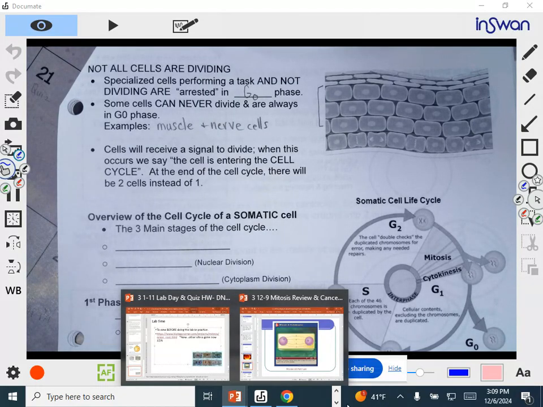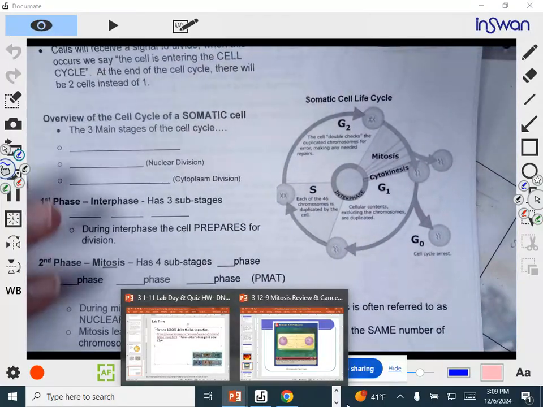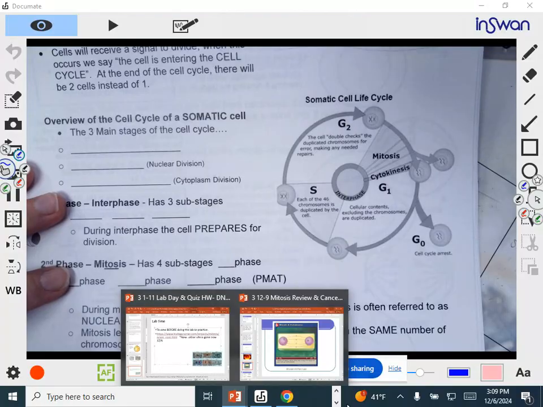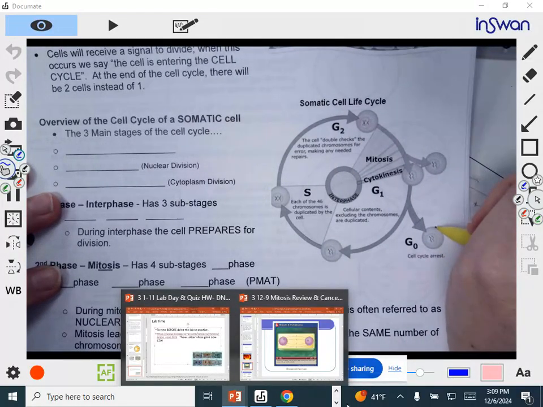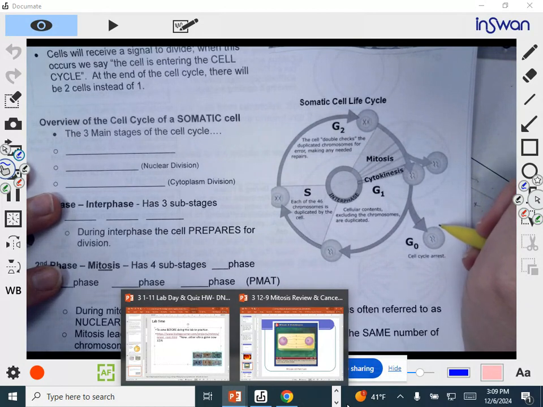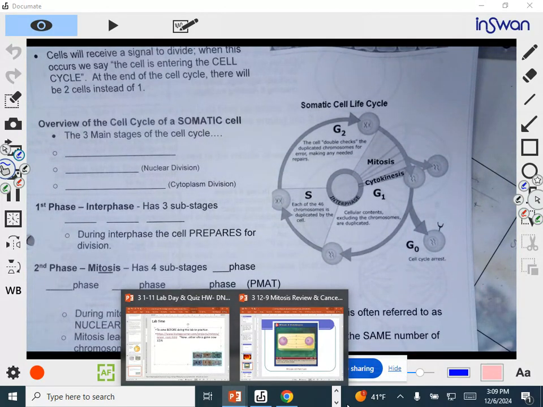Now, whenever a cell in G0 phase gets a signal to divide, then we say that the cell enters the cell cycle. So here's a cell, and this cell is in G0 phase. And let's indicate there's a receptor protein on its membrane, because remember, cells have receptor proteins. They can receive signals.